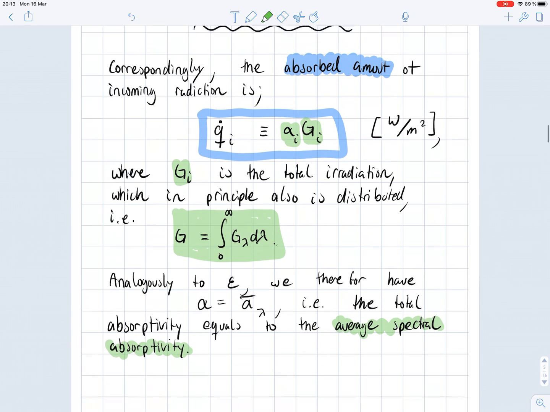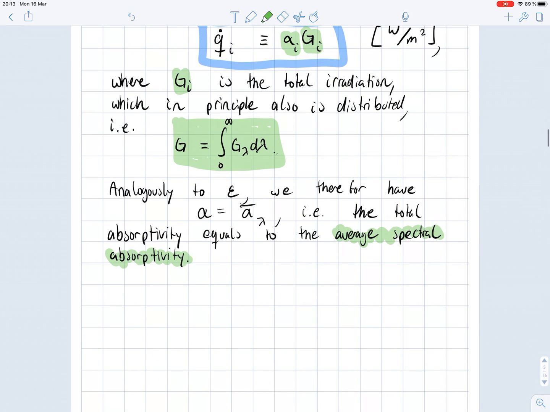So this is important to note when we are discussing these epsilons and alphas, and thereby also rhos. These represent average values over all wavelengths.